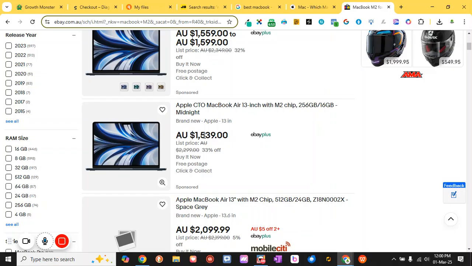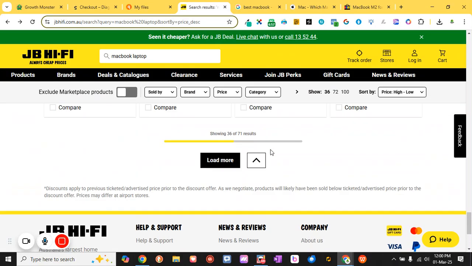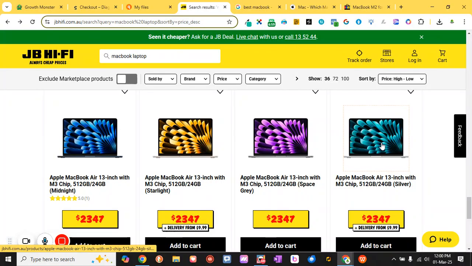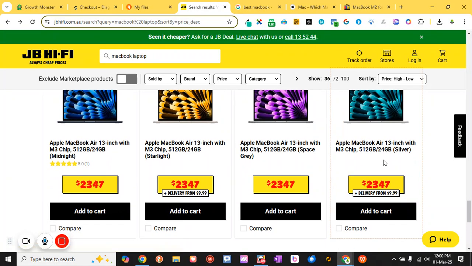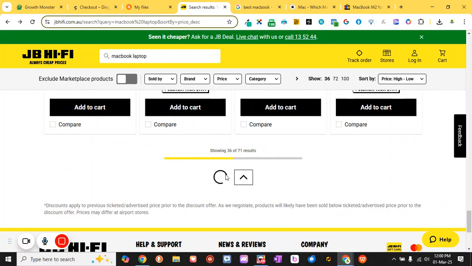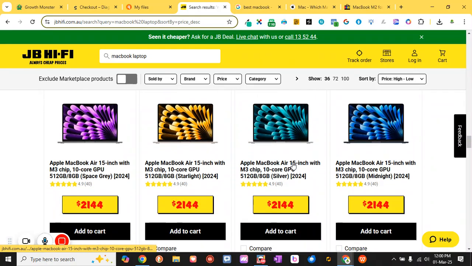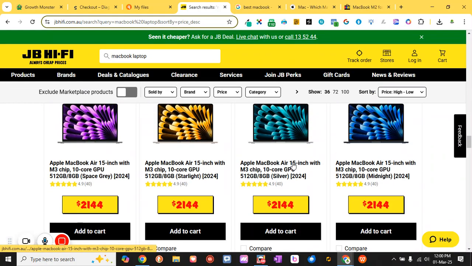It's for $1,539. And when we had a look at the store at the same chipsets in the newer one, a 13-inch, 256, 16 gig.